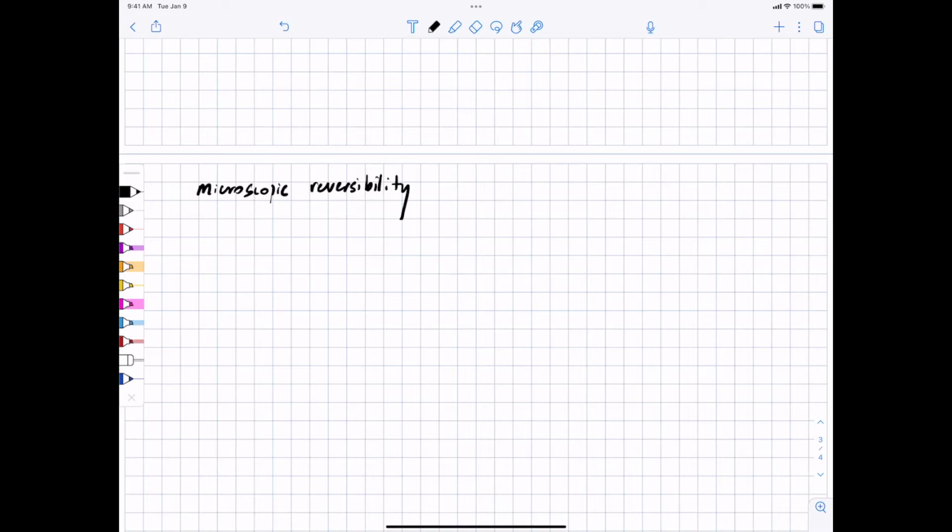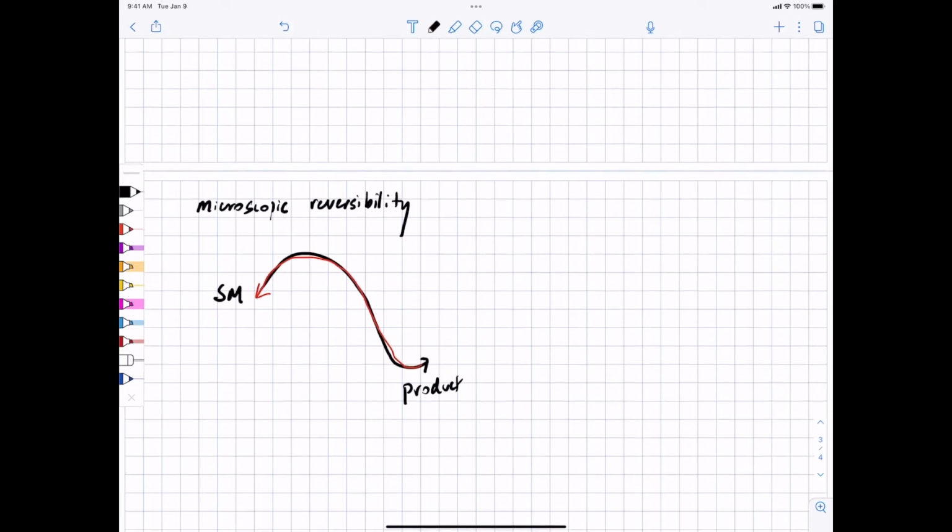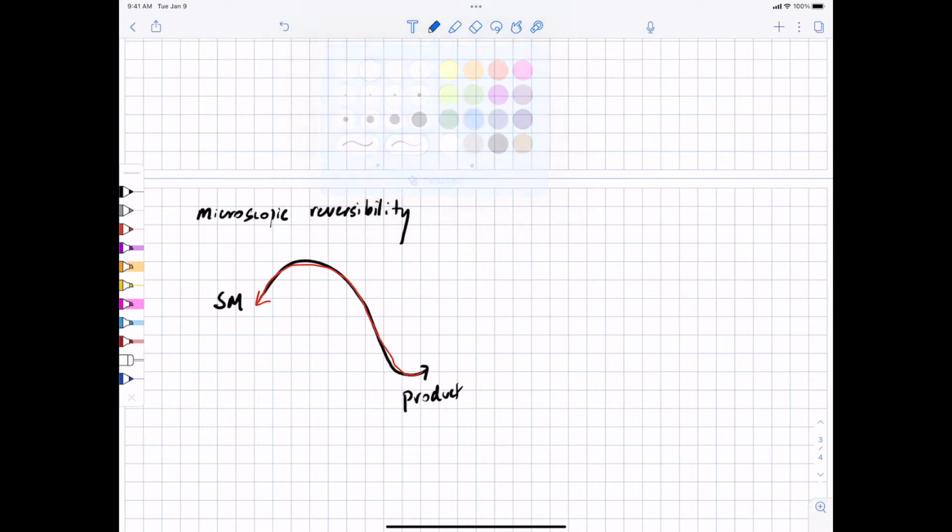That means if I go from starting material to product via this pathway, if I go back from product to starting material, I have to go back via the exact same pathway and not some other weird alternative. Right, because your pathway is the lowest trajectory between two different wells on the energy landscape, and the forward and reverse paths have to be exactly the same.